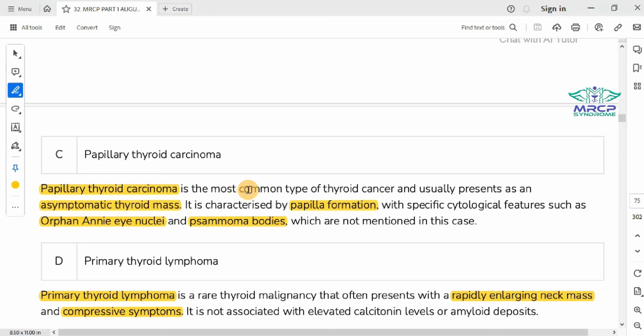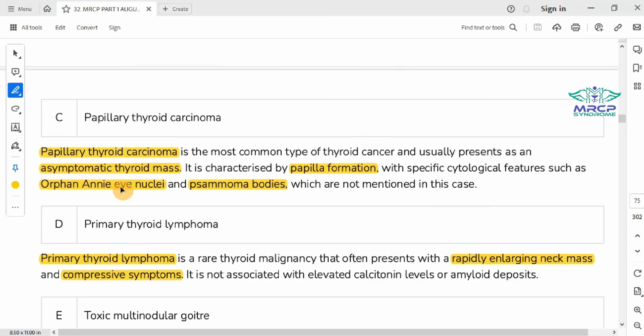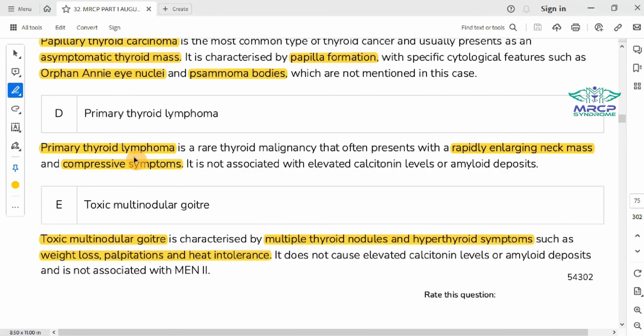Papillary thyroid carcinoma is the most common type of thyroid cancer, usually presenting as an asymptomatic thyroid mass. It is characterized by papilla formation with specific cytological features such as orphan Annie nuclei and psammoma bodies, which are not mentioned here.